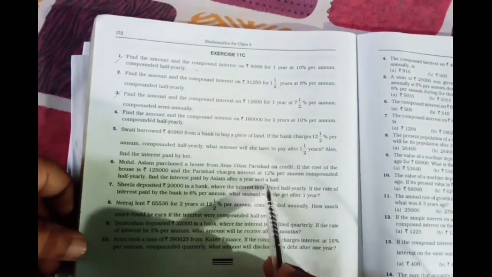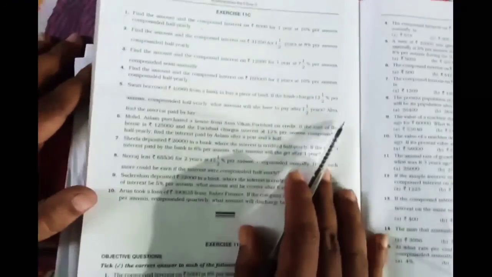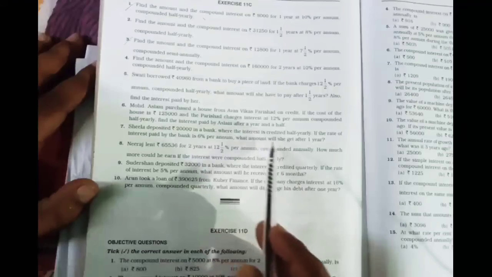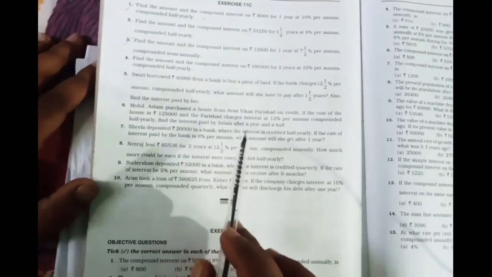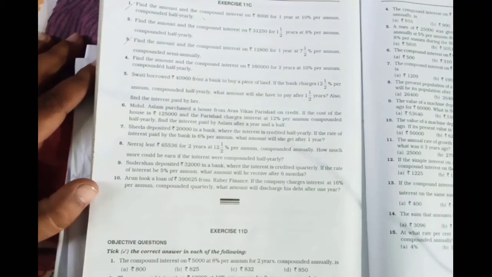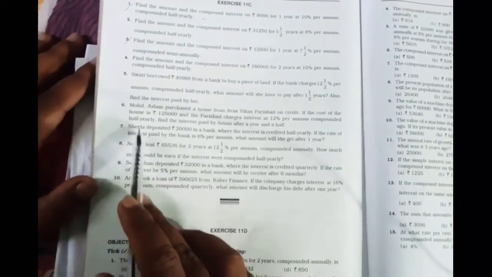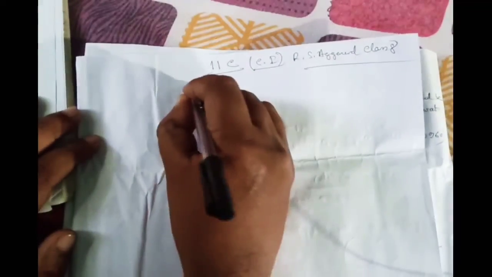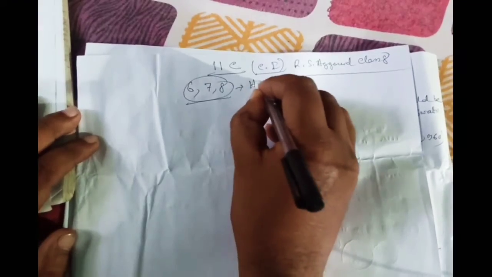So 3 here, this is 6, this is 12,500, and this question is quite similar. So question number 6, 7, 8 will be the homework. You should try it on your own.